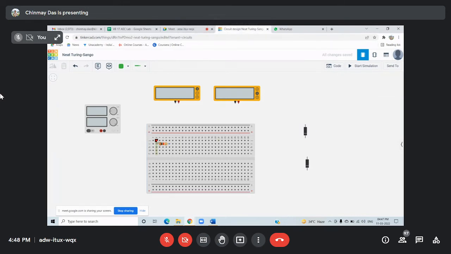That means these four terminals are connected with this terminal of the resistor and these four terminals are connected with this terminal. So the positive of the power supply has to be connected with one end of the resistor.